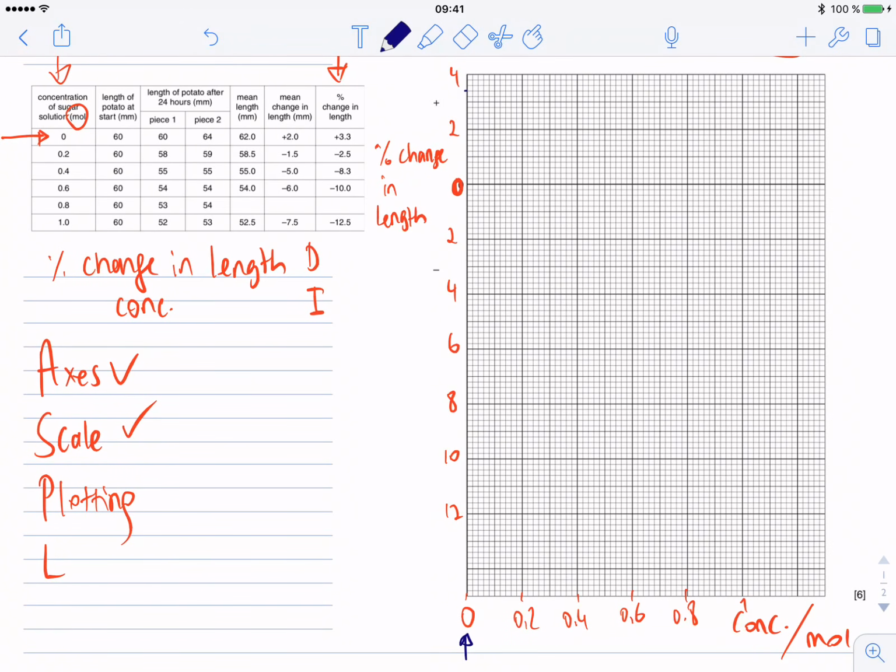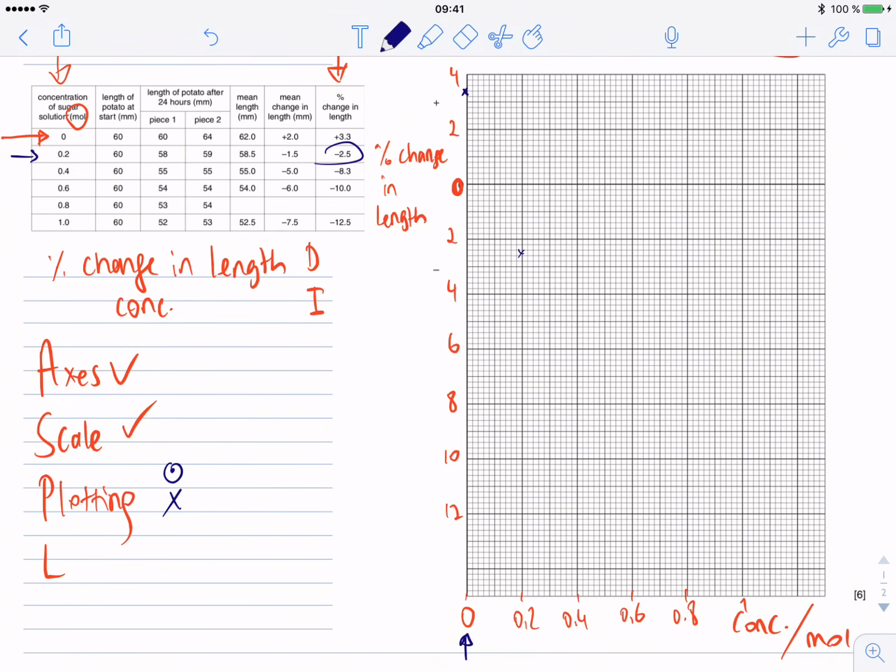So remember, either a dot with a circle or a cross. So I prefer a cross. For 0.2 concentration, the percentage change would be minus 2.5. So it's 0.2 here, and minus 2.5 would be here, roughly.